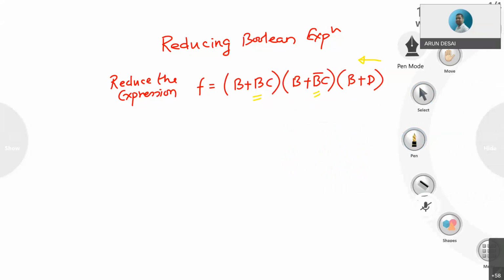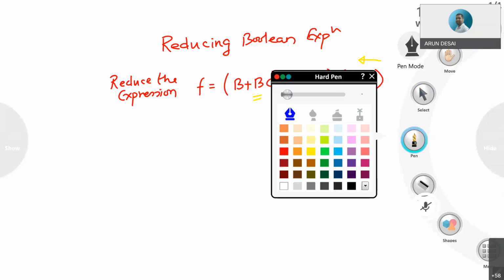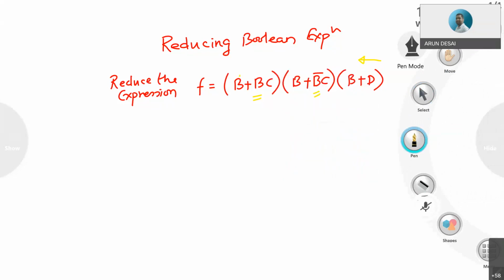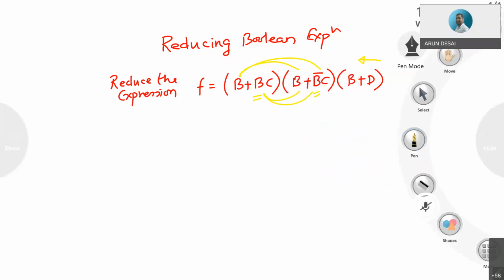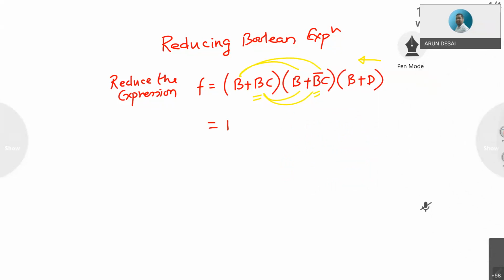So in this case, we need to multiply the things like this. b into b plus b into b complement c plus bc into b plus bc into b complement c.